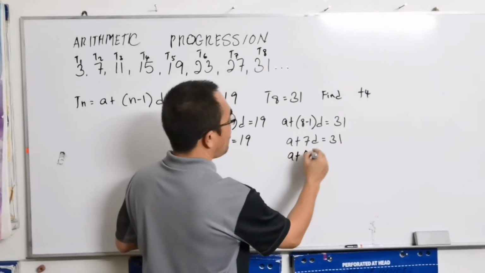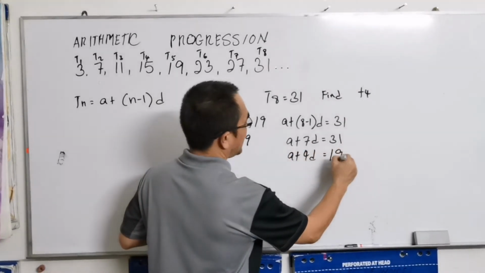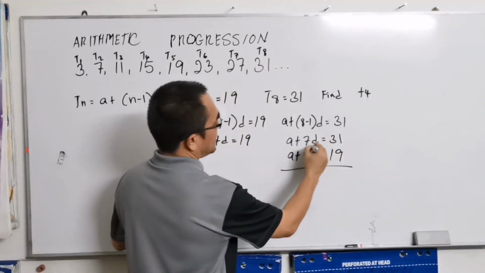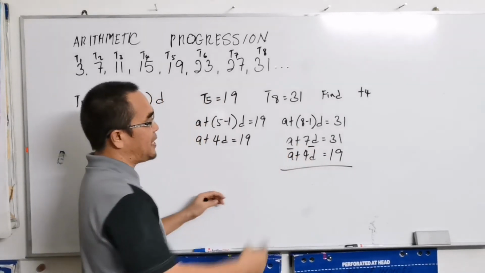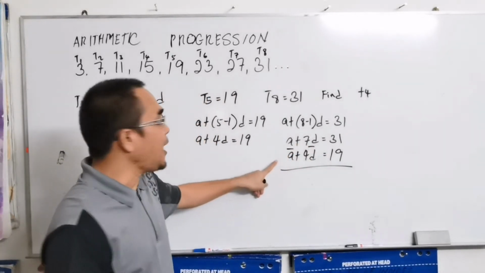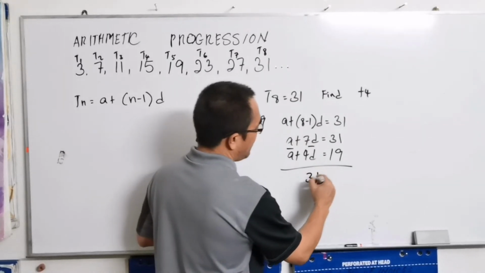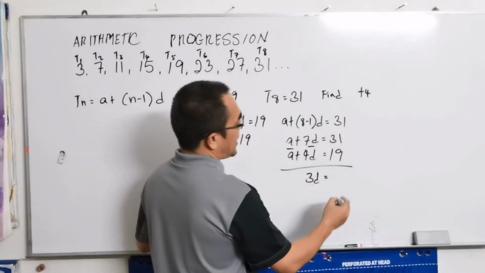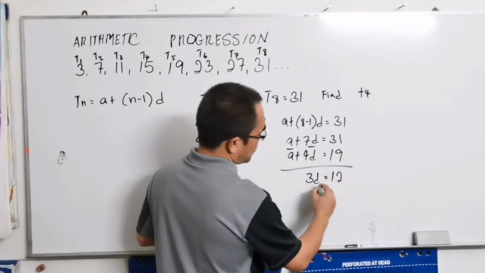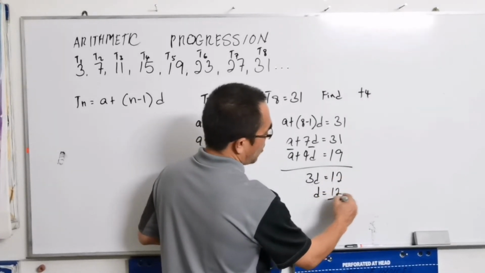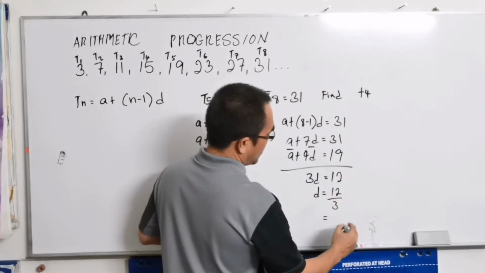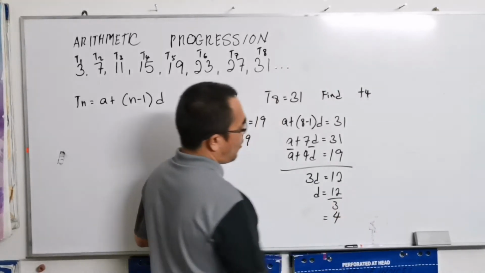A plus 4D equals 19. Then minus, because we want to eliminate, in this case A minus A will be 0, 7D minus 4D will be 3D, 31 minus 19 will be 12, so D will be 12 over 3, which equals 4.